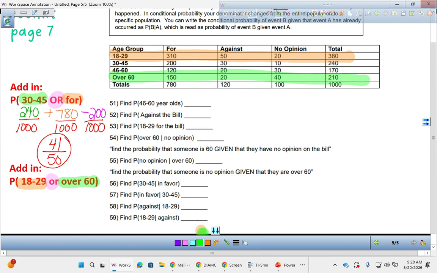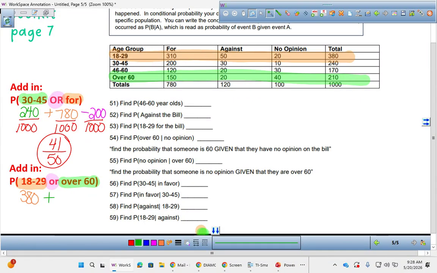So for this one, I'm just going to add the 18 to 29-year-olds to the over 60-year-olds. And because there's no given line, there's no conditional probability, then my denominators are still going to be the 1,000. The only time it changes from the 1,000 is when you see these.